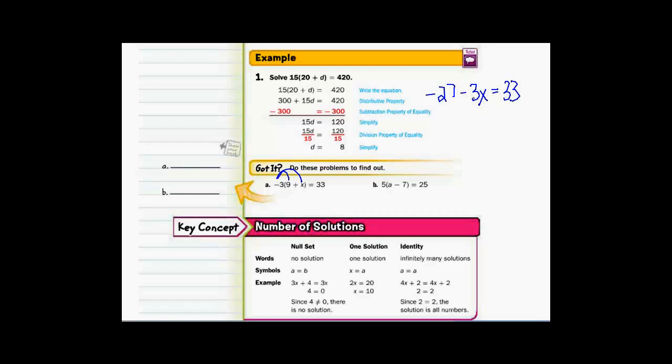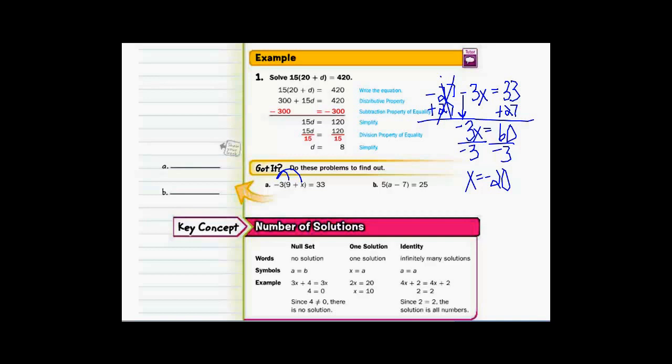So if my letters are on the left, I'm going to take plain numbers to the right. So I'm going to add 27. So do not forget to bring this negative sign down. That's a common mistake. So bring that negative sign down. 3x equals 60. Divide by negative 3. X is equal to negative 20.